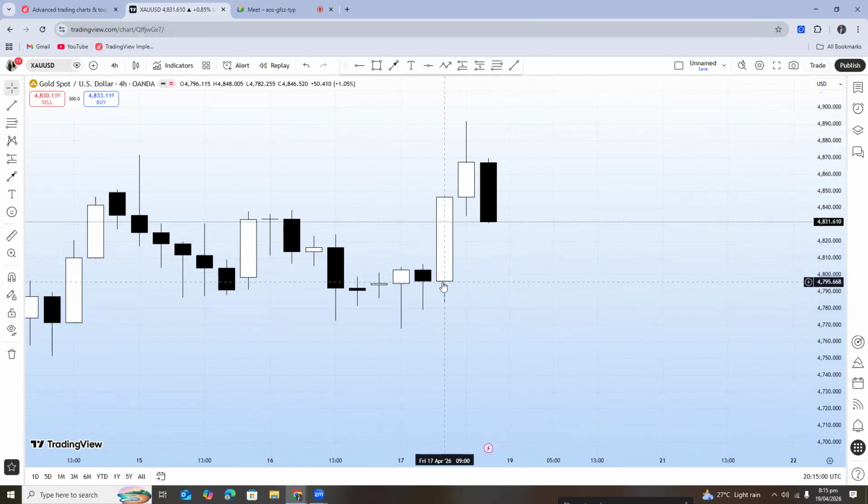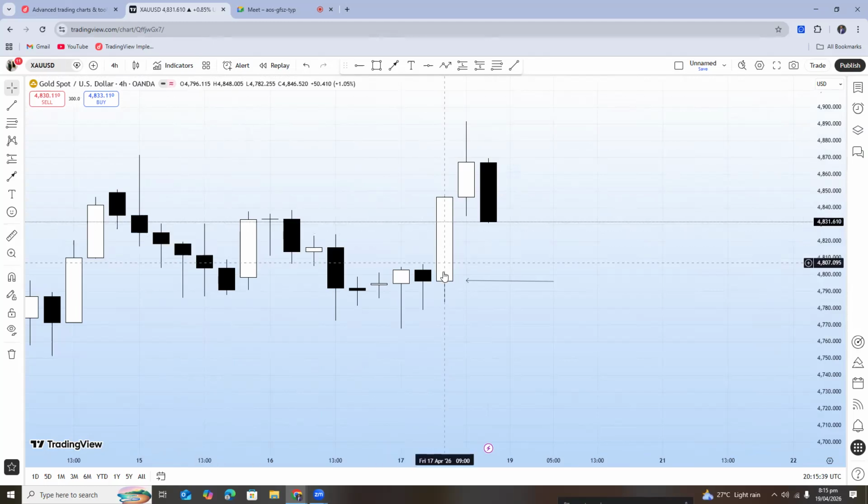Now, for a bullish candle, we have its opening price here. We call it the open, represented by O. If you can see my cursor, you see that up here we have O. The O represents the open.